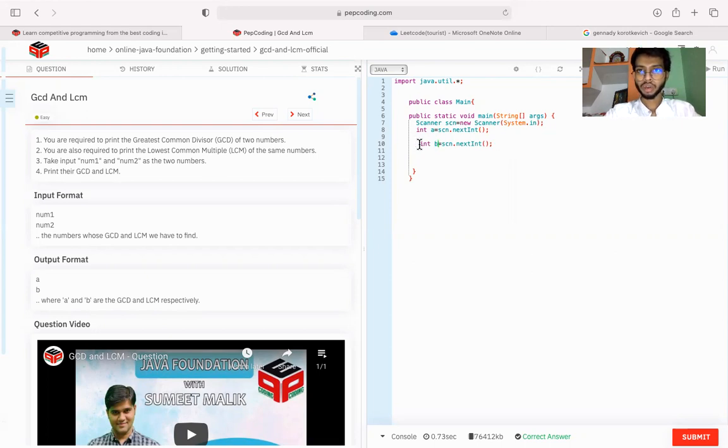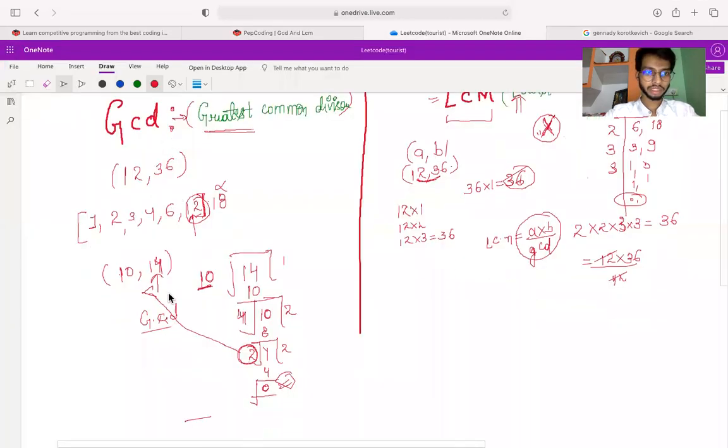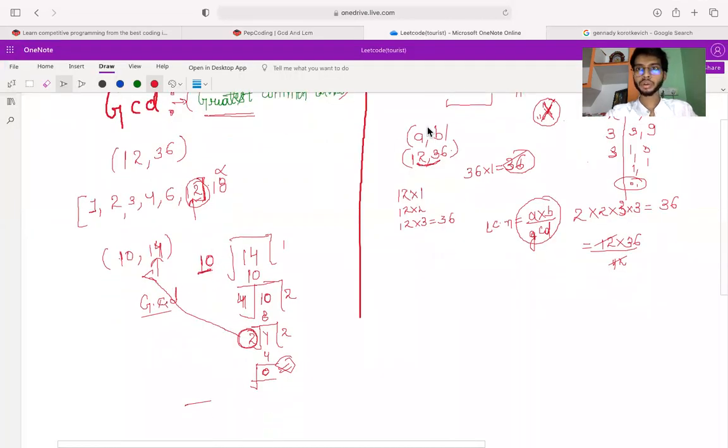Okay, so now, after taking the inputs, I am going to find my GCD. So how am I going to find the GCD? I'm running a loop. Whatever I have done here, I'm just simply going to code that part.